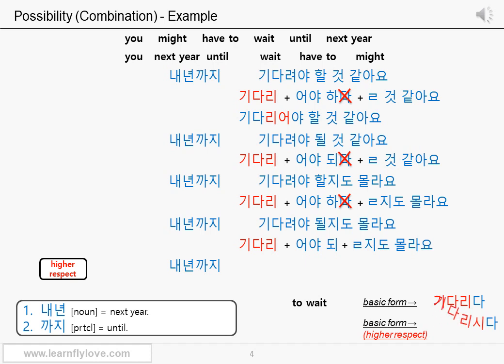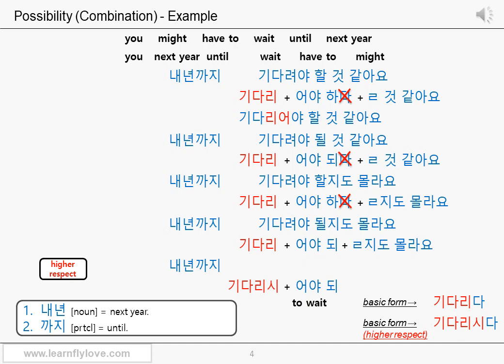So let's turn it into the higher respect form first. You just need to simply add 시 sound to the stem. 기다리시다. Then 기다리시 is the stem now. Let's use 어야 되다 for have to part. Then is this have to part the action done by the subject? It can be quite controversial, isn't it? It's not the action, but it's directly related to the main subject for sure.